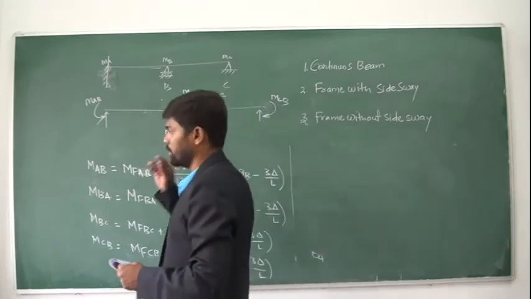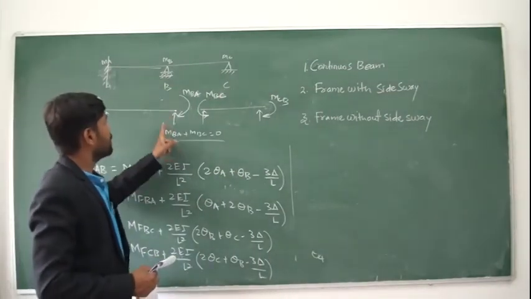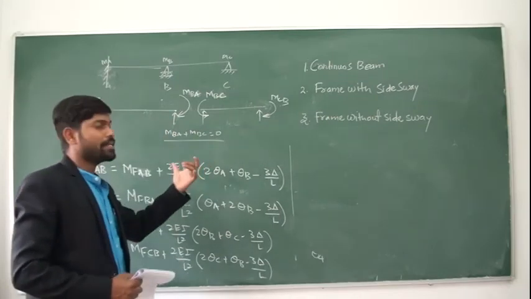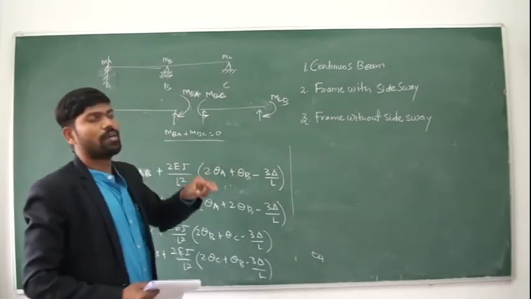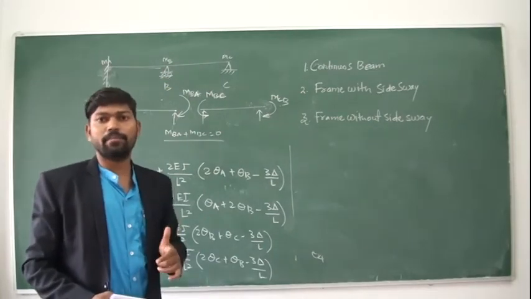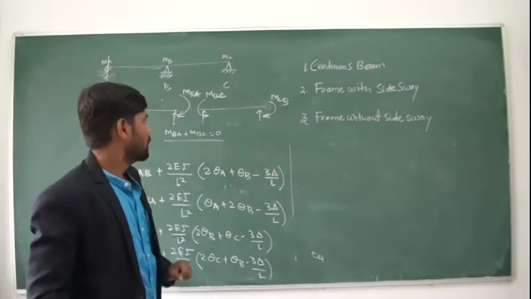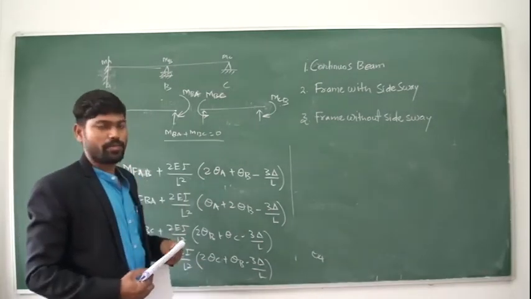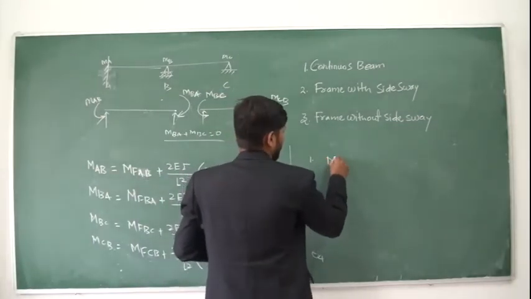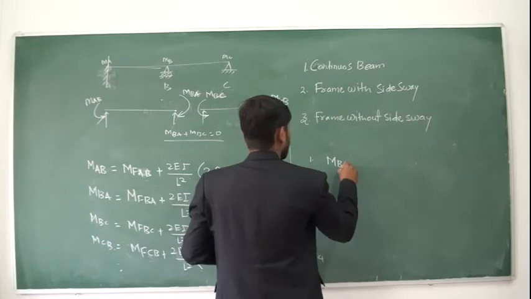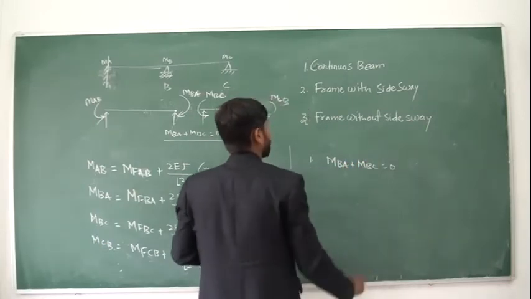Now, as I have told you here, at joint B, if you do the addition of MBA and MBC, it should be equal to 0 because there is no external moment at B. MBA and MBC are both internal moments, and their sum should be equal to 0. So this is one joint equilibrium equation. For support B it is MBA plus MBC equal to 0.